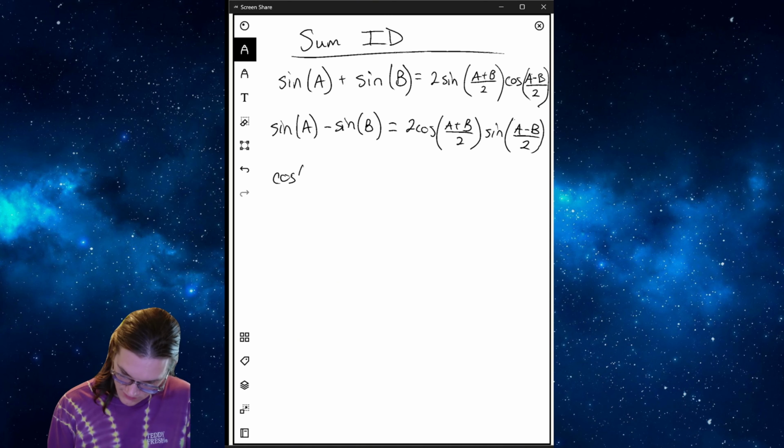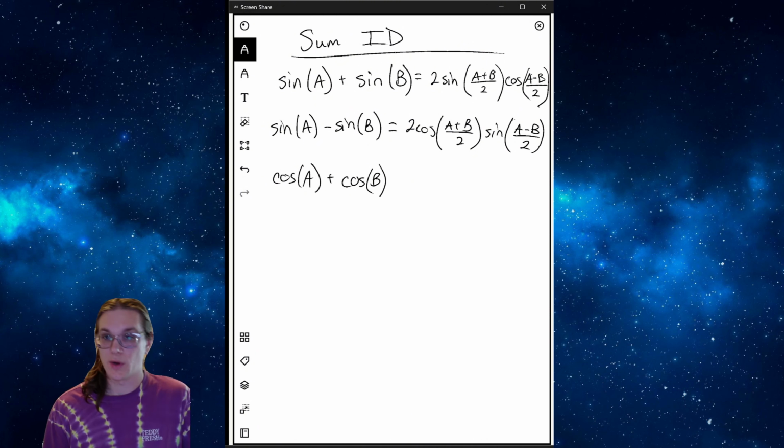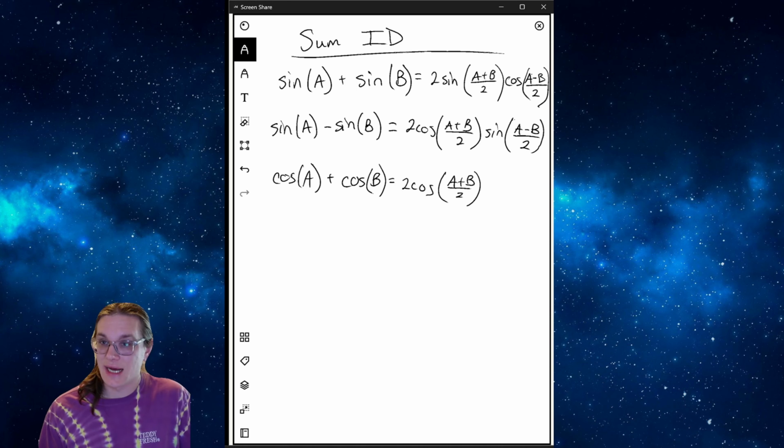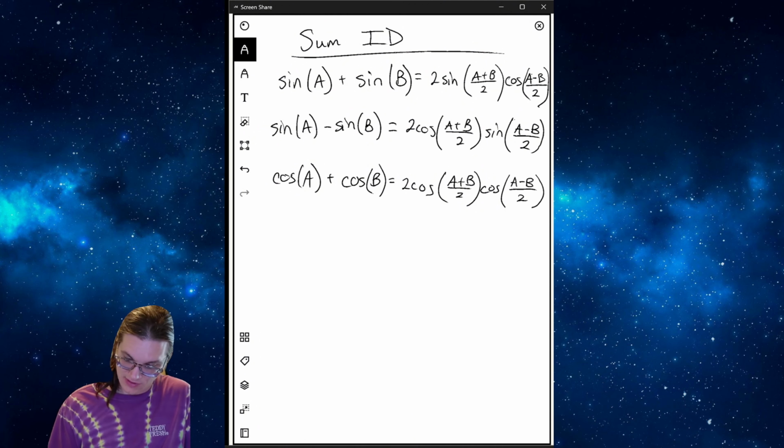So then we have cosine of A plus cosine of B. So you're working with 2 different angles, and you're adding their cosines together. Well, then you get 2 times cosine of the angles added together divided by 2, times cosine of the angles B subtracted from A divided by 2.